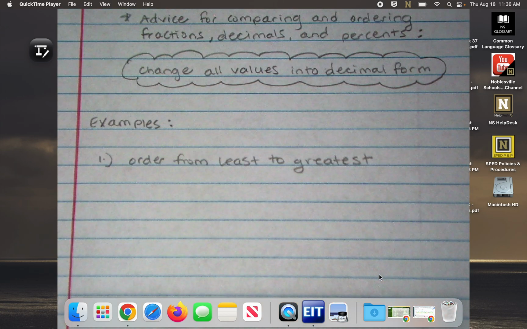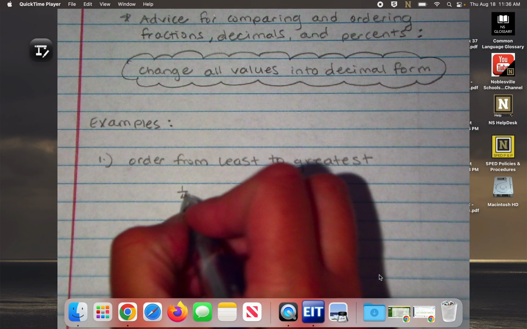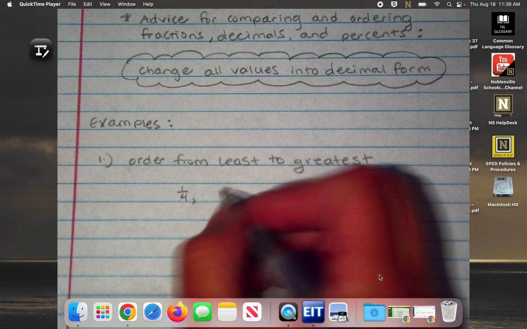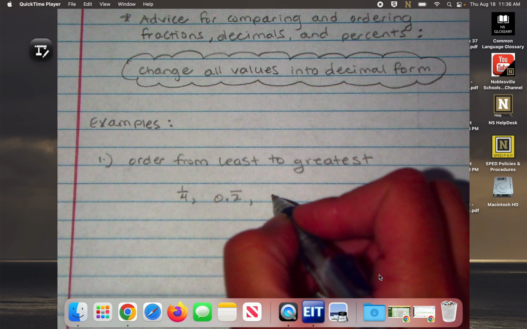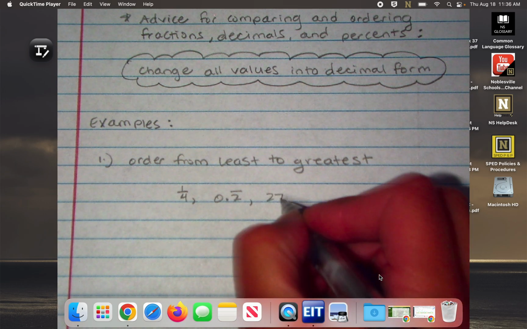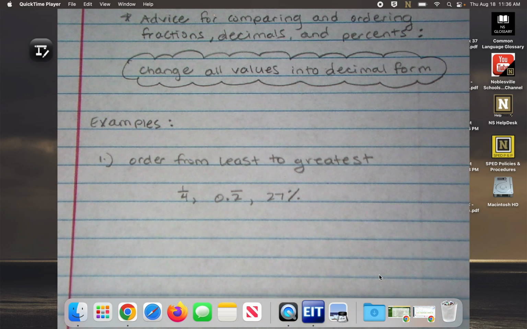So we're going to order these three values from least to greatest: 1/4, 0.2 repeating, and 27%.